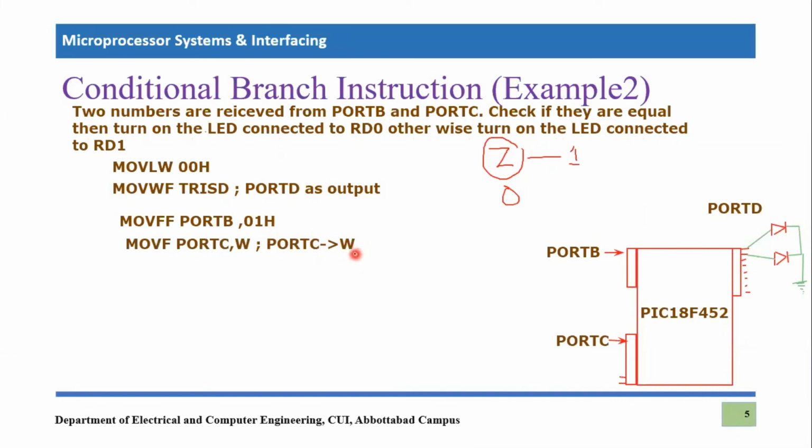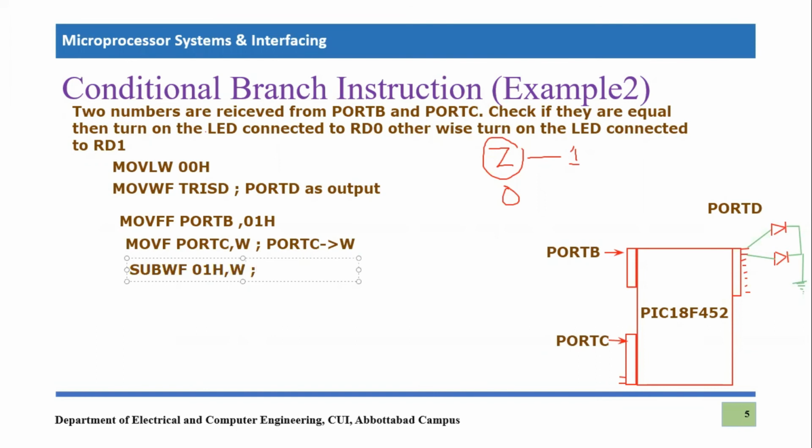Now we have to subtract one number from the other, so we use a new instruction: SUB working with file, SUBWF. We are subtracting the working register from file 01 hex, and we will store the result in the working register.